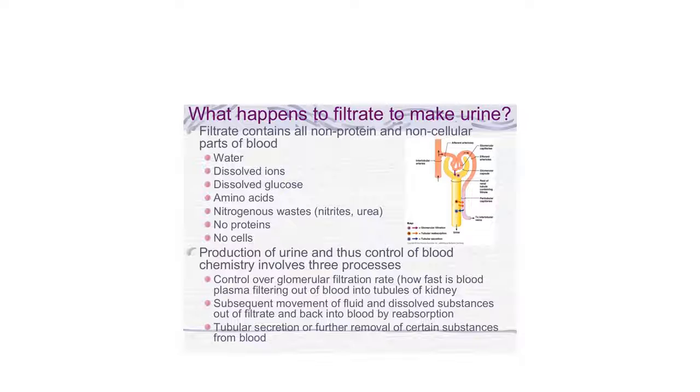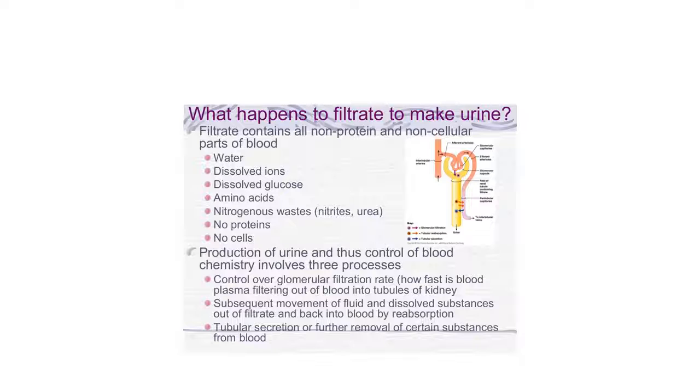Then, when this filtrate flows through the remaining part of the nephron, reabsorption takes place. Right? So dissolved substances are taken out of filtrate and back into blood by reabsorption. What is not reabsorbed?